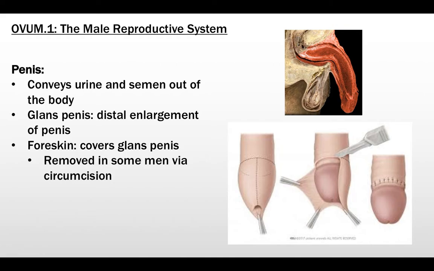Some men, particularly men here in the United States, have this foreskin removed because it can reduce risks of penile cancer, it can reduce STD transmission, or it can be done culturally. But ultimately, a lot of men, the majority of the world, is uncircumcised and still has this foreskin, which apparently has some benefits that lead to more sensitive sexual stimulation and the need for less lubricant.